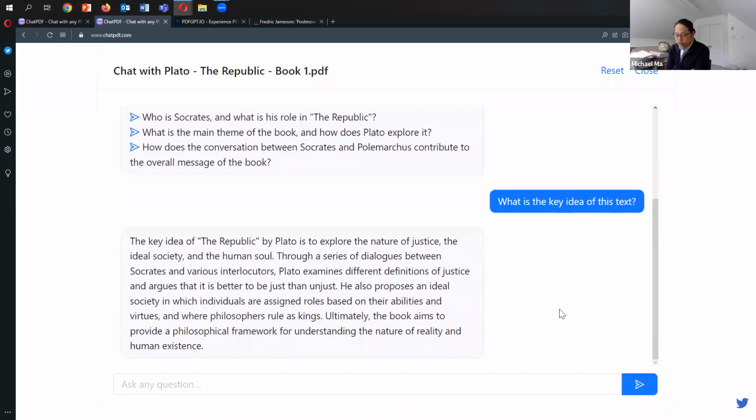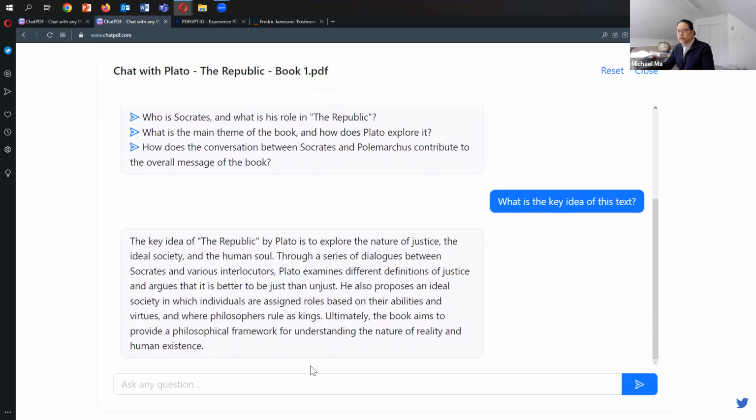Okay, so it actually was a bit slow, so I paused the recording. I've started again. So it comes back, the key idea of the Republic by Plato is to explore the nature of justice, the ideal society, and the human soul. Through a series of dialogues between Socrates and various interlocutors, Plato examines different definitions of justice and argues, blah, blah, blah.